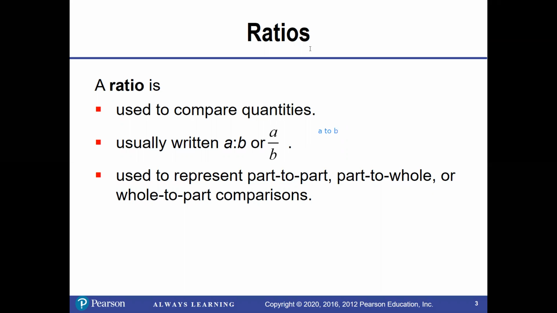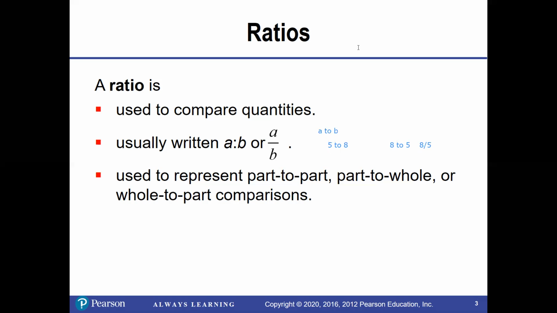To give you another example, we can say 5 to 8, which could be 5 to another part, you know, part of this and part of that, like 5 to 8, boys and girls. Or 5 could be the part and 8 could be the whole, which leaves you 3 left over. You can also do 8 to 5, or that would be 8 divided by 5, right? So any of those would work also.